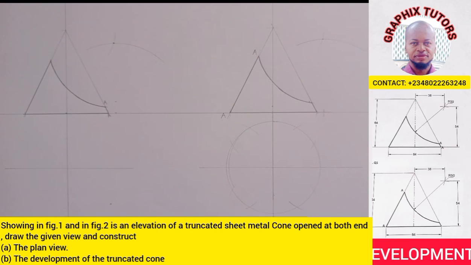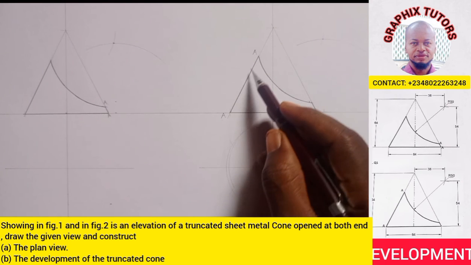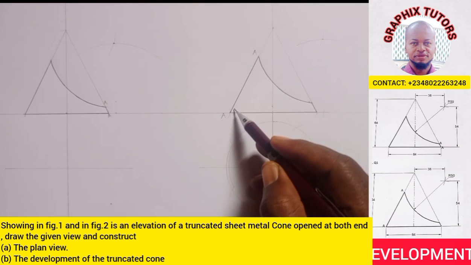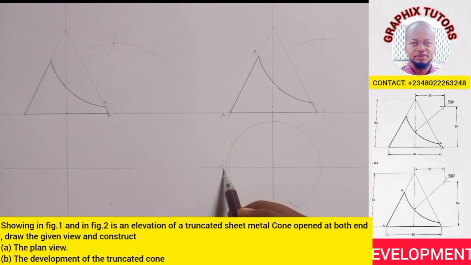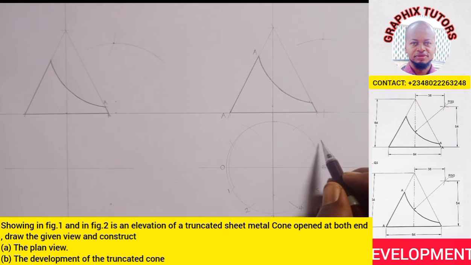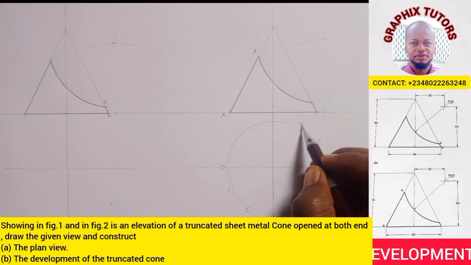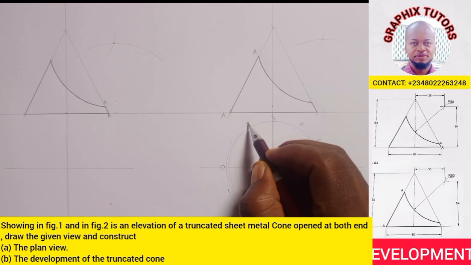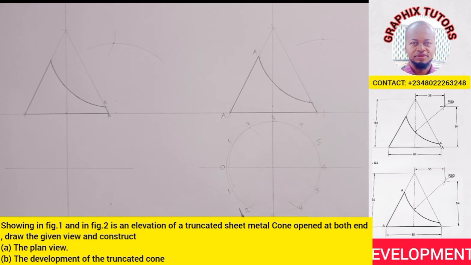So now what you need to understand is, this is 0, since here is the seam. Are you with me? So here will become 0. This will be 1, 2, 3, 4, 5, 6, 5, 4, 3, 2, 1, back to 0.